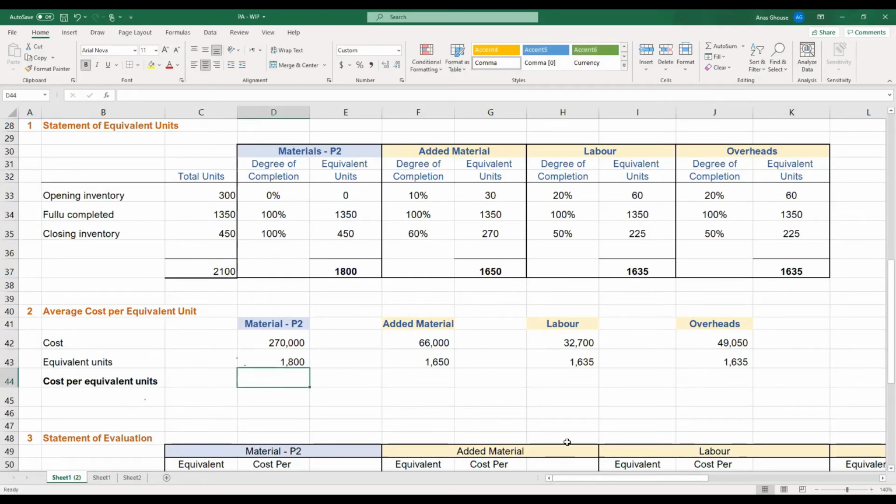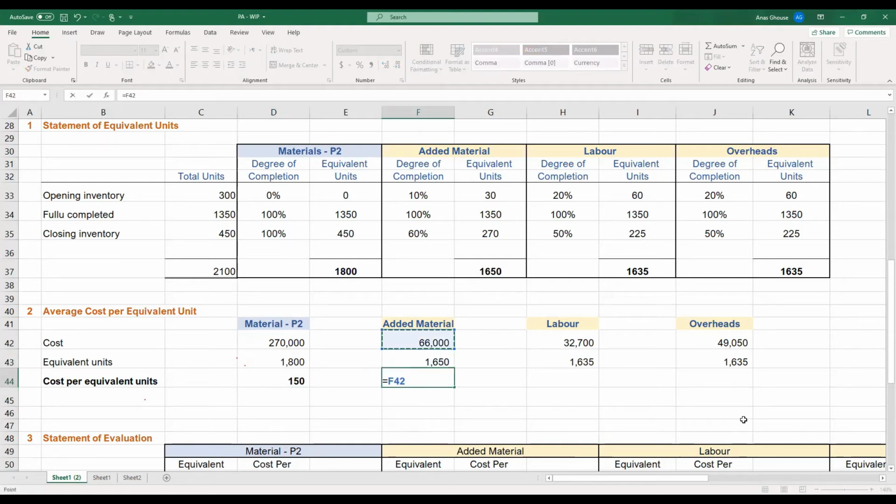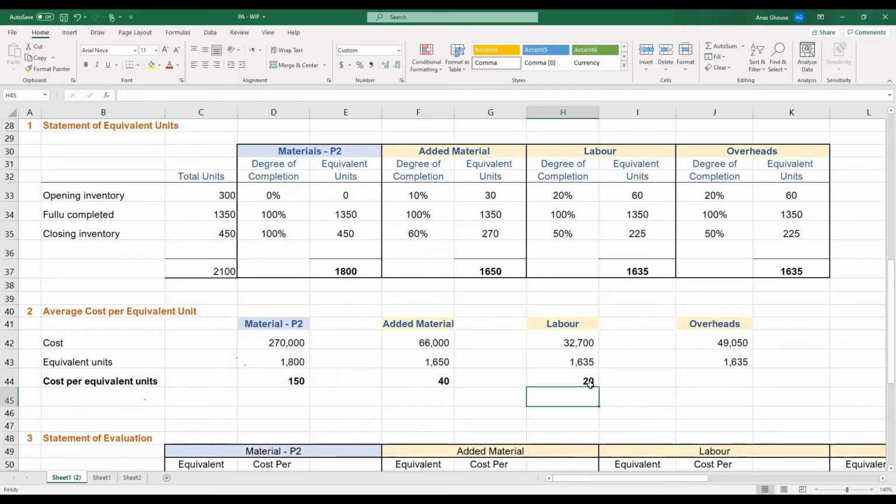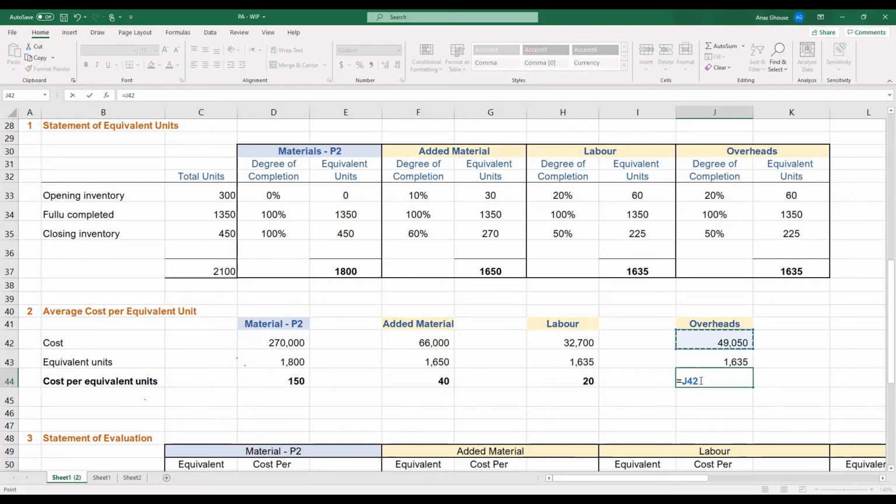How do you calculate cost per equivalent unit? Simply divide 270,000 by the equivalent units, which gives 150. 66,000 divided by 1,650 is 40. 32,700 divided by 1,635 is 20 per unit. 49,050 divided by 1,635 is 30 per unit.